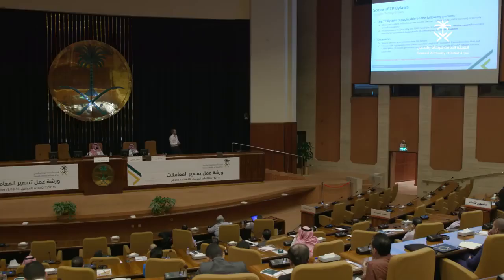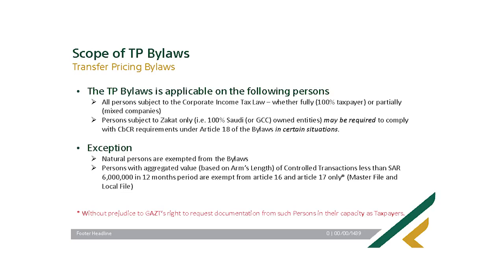Then we also have another exception, and that is for companies that have intragroup transactions, related person transactions, which are less than 6 million SAR in a 12-month period. They don't have to comply with Articles 16 and 17, which concern the master file and the local file.